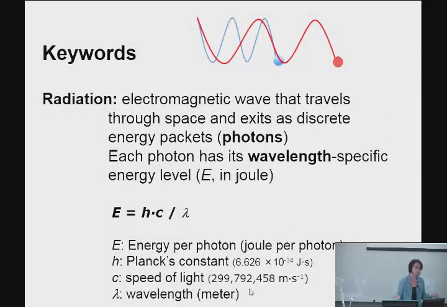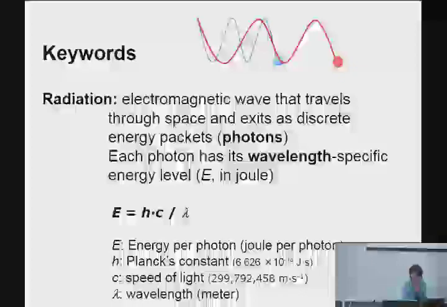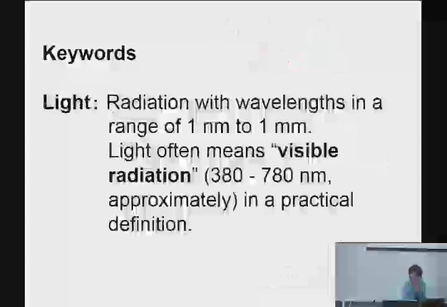Usually the wavelength is expressed in nanometers, so you need to consider that when you work on this equation. You insert nanometers as meters, so 0.0000-some meter, and then you can compute the energy level, and the unit is joules per photon, one particle's energy level. So the longer the wavelength, the lower the energy level.